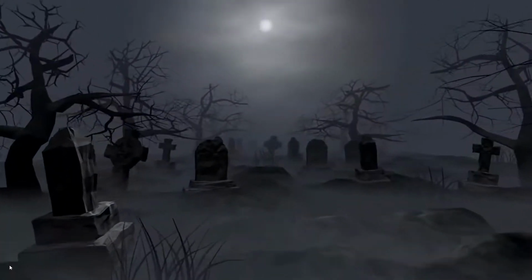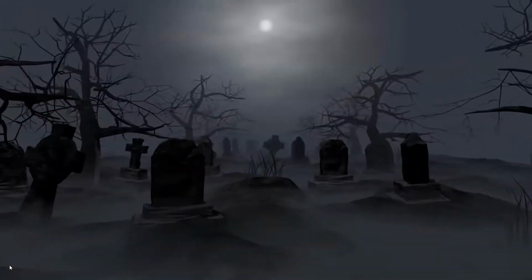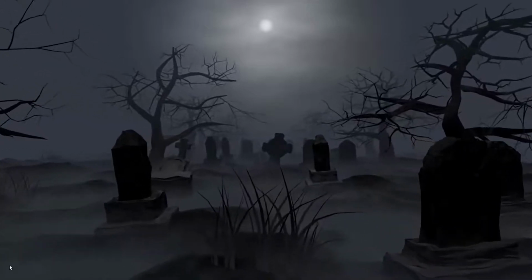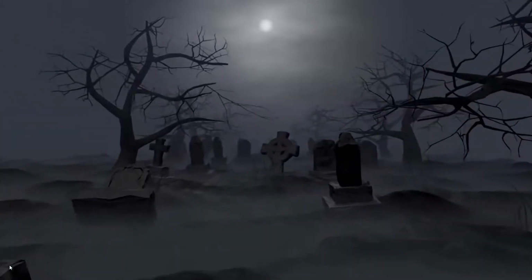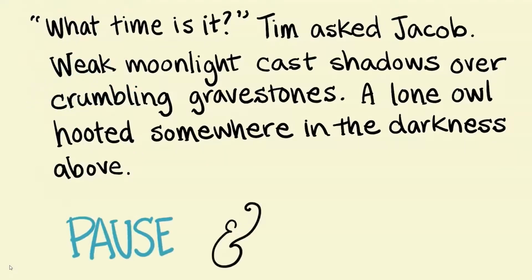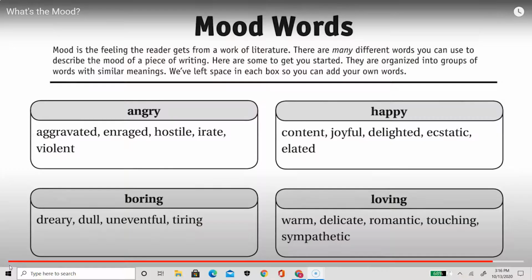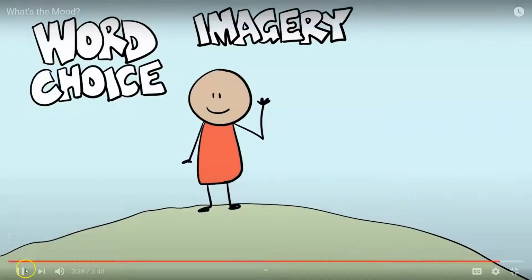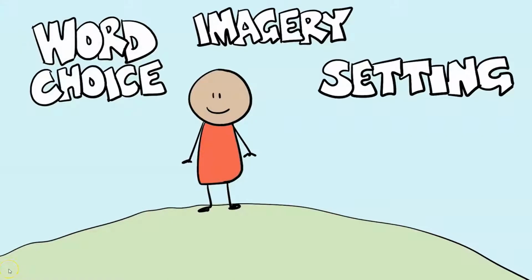Like this one. What time is it? Tim asked Jacob. Weak moonlight cast shadows over the crumbling gravestones. A lone owl hooted somewhere in the darkness above. How has the setting changed the mood? Remember to think carefully about word choice, imagery, and setting. Good luck.